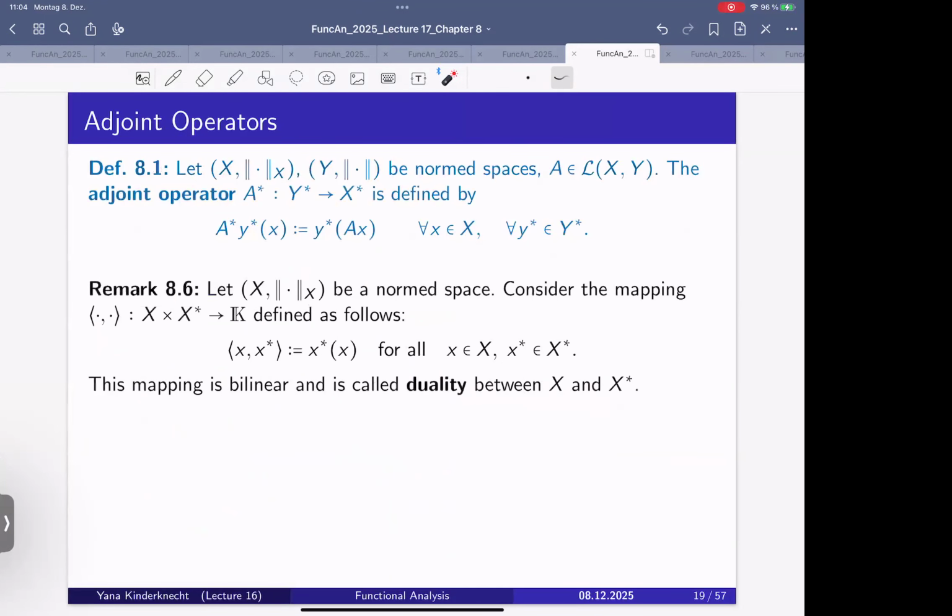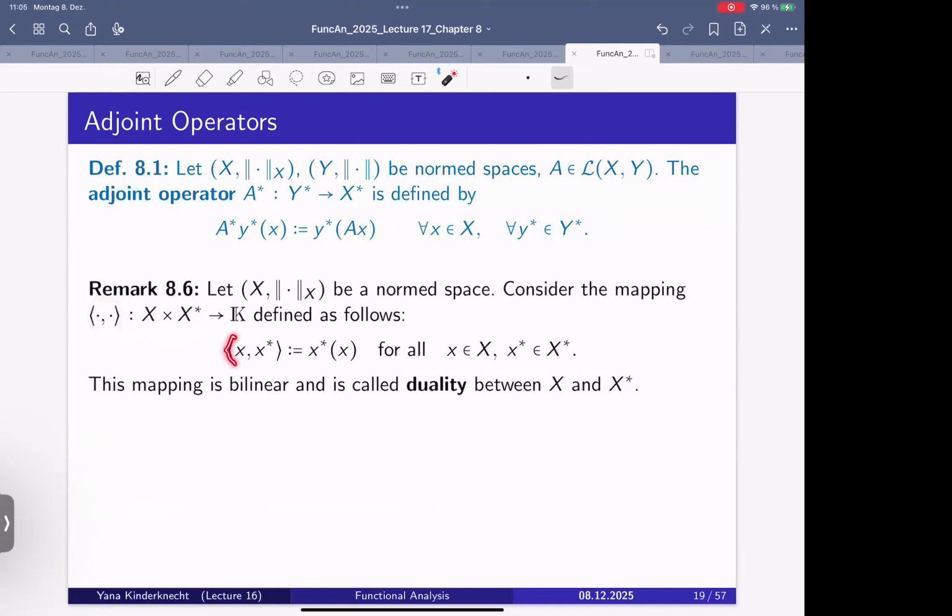So remark: let X be a normed space. This is again the definition of an adjoint operator. Now we make a change of notation. We consider the mapping denoted by brackets, where the first argument is from X, and the second argument is from X star, the topological dual. This is mapped to K, and the mapping is defined as follows.